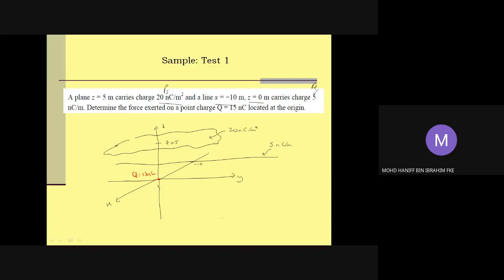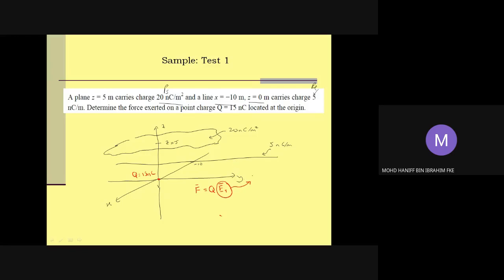The equation that shall be used in solving this problem is F, the force, equals charge Q multiplied by the total electric field. The total electric field is the field produced by both the surface charge and the line charge structures.